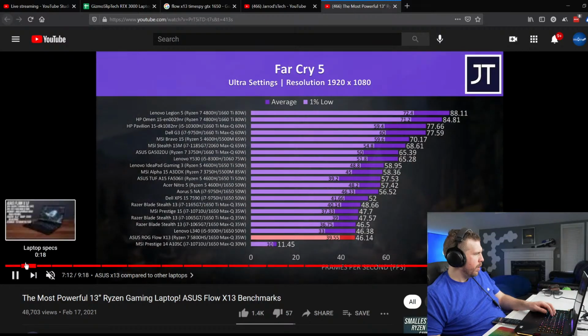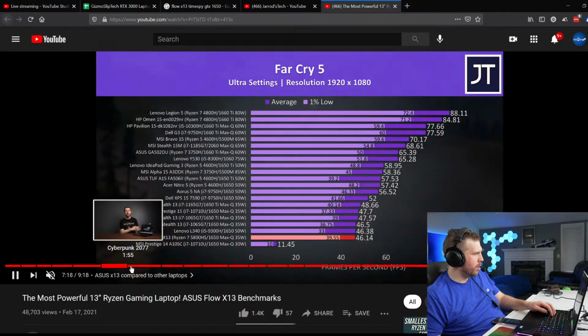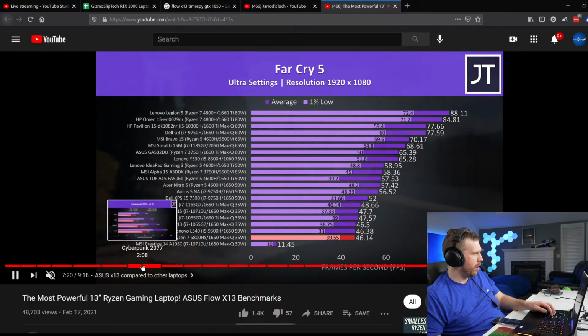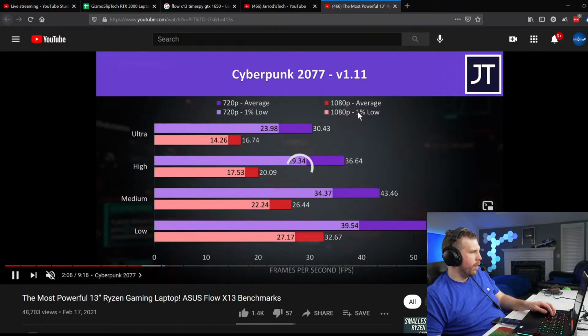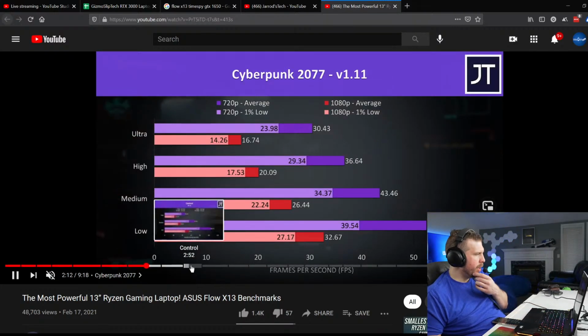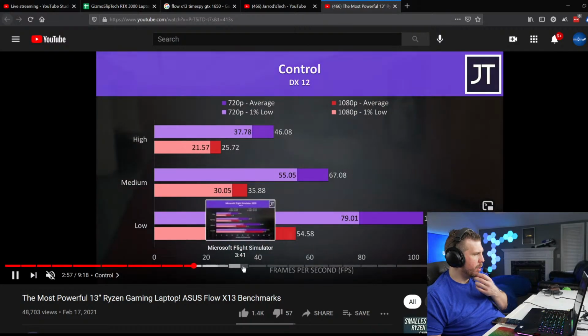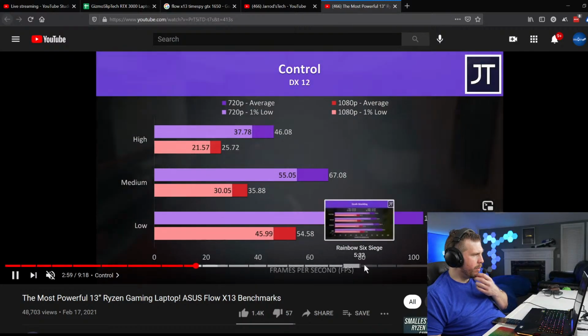Okay. Screen response time, conclusion. Laptop specs, dynamic boost, software settings, screen options, testing performance video. So I think he did test this with the 1650.